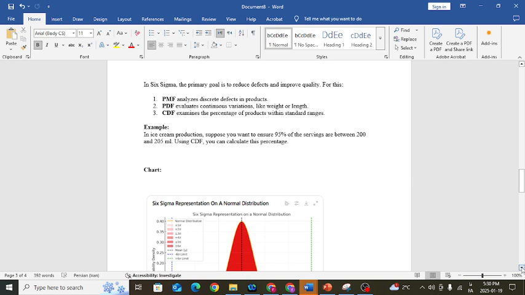So if you learn the three tools, PMF, PDF, and CDF, you can find some results about your product quality. This helps you to restructure your processes, and if you have some problem, you can solve it and then restructure. Or if not, you can solve just the specific problem that happened.